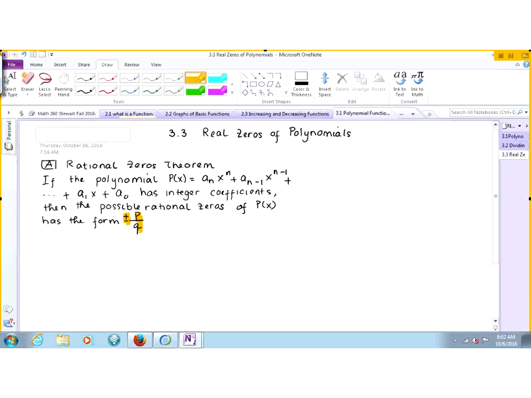Where p is the factor of the constant, a naught, and q is the factor of the leading coefficient, a_n.